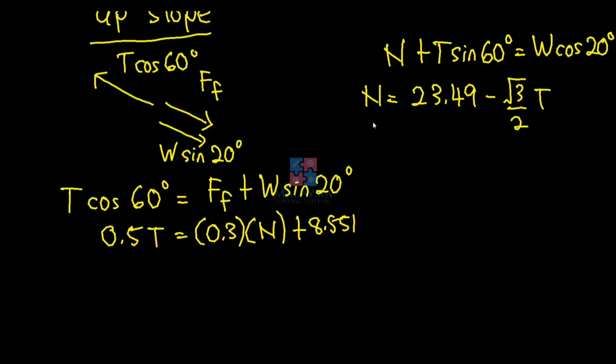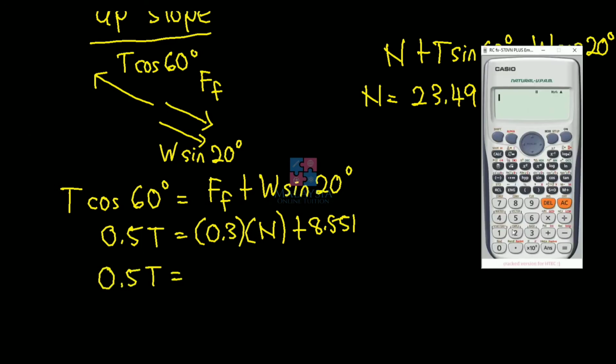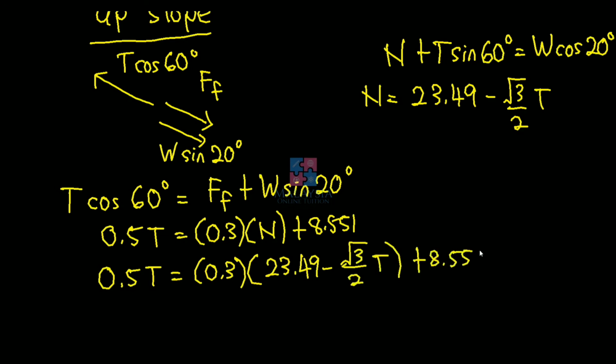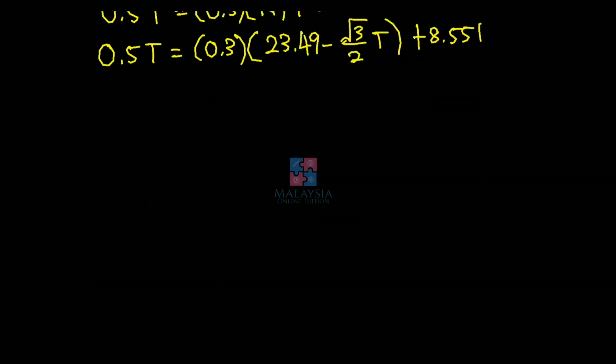So now we are going to replace this inside our N. So 0.5T equals 0.3 multiplied by this, you will get 23.49 minus root 3 over 2 T, and then plus 8.551. I think we shouldn't skip, let's write first. Now we are going to expand.